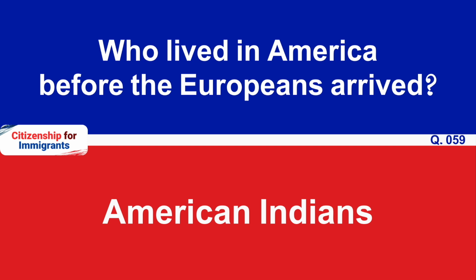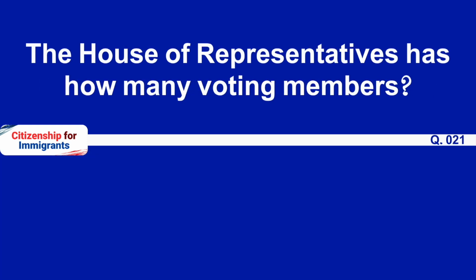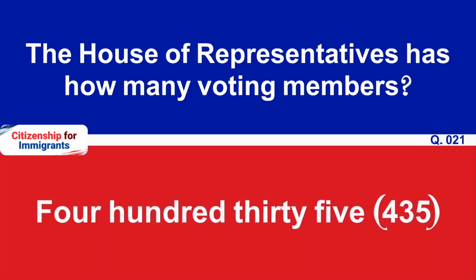American Indians. The House of Representatives has how many voting members? 435.